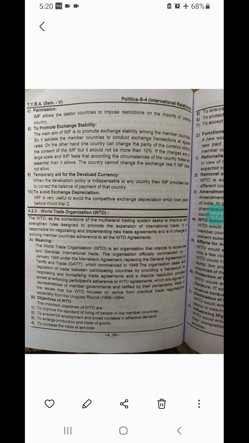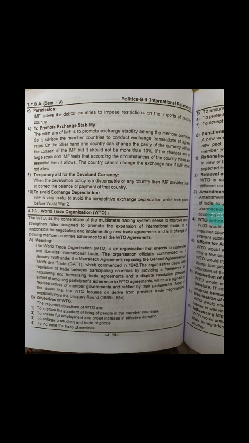Then the functions of the IMF. Exchange arrangement. As a result of the second amendment in the Articles, each country can adopt any one of the following in connection with the exchange rate. A country can represent the value of its currency in terms of any other currency like the dollar.